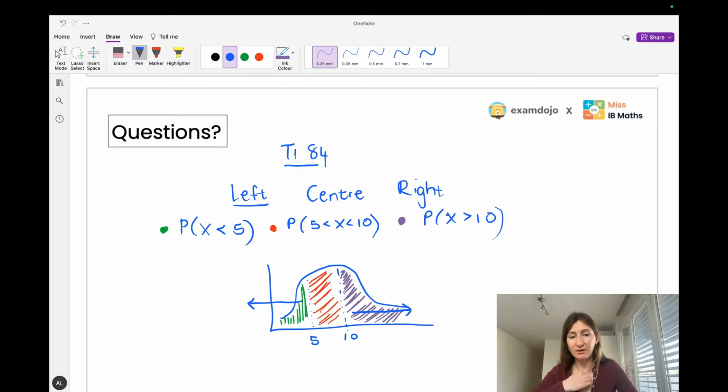And it works the same with the inverse norm, whether you're finding it on the left, the center, or the right with what you're given, which is nice. It does make life a bit easier. Okay, I hope that answered your question.